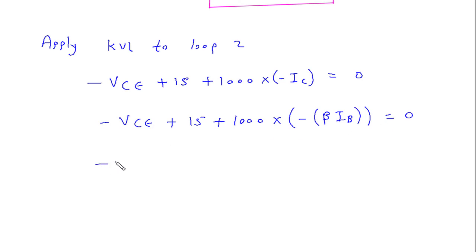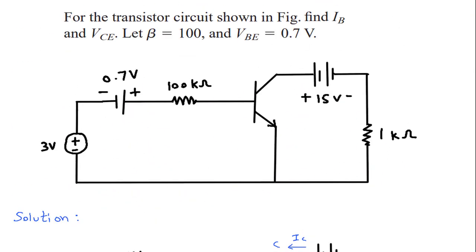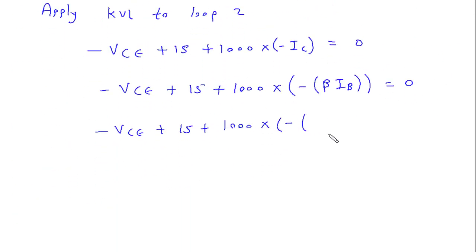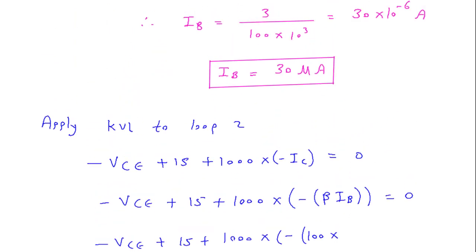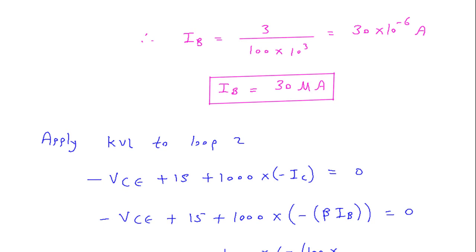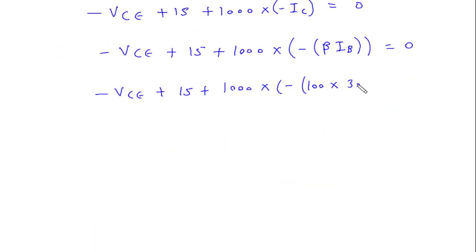So this will be minus VCE plus 15 plus 1000 into minus, now beta is given, which is 100, into IB. IB is 30 microampere, 30 into 10 raised to minus 6, is equal to 0.